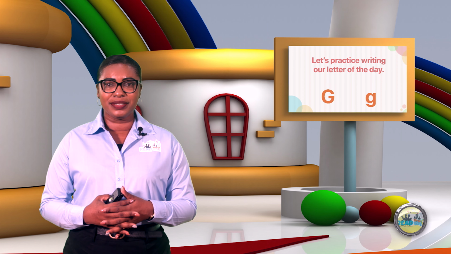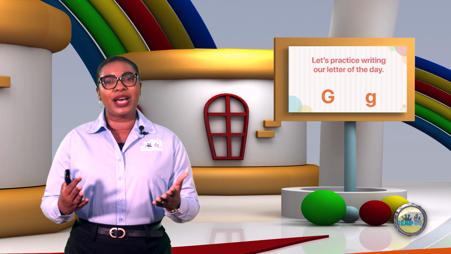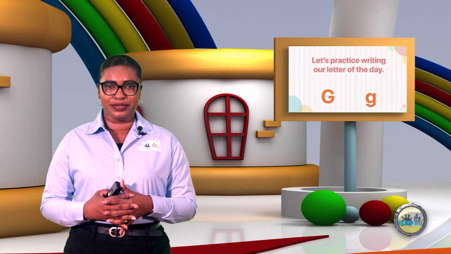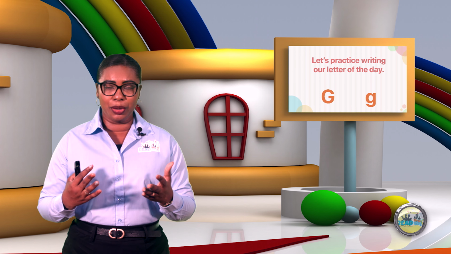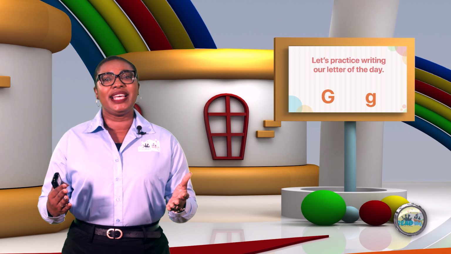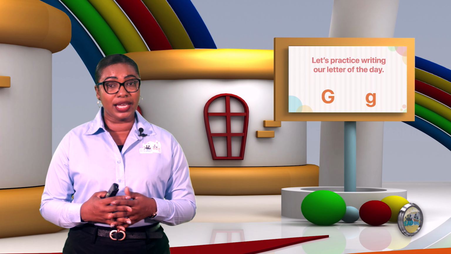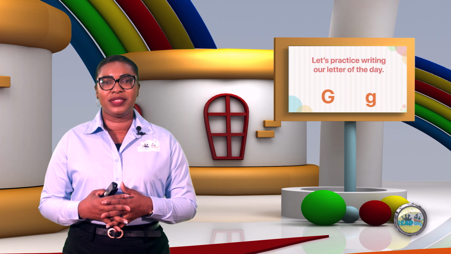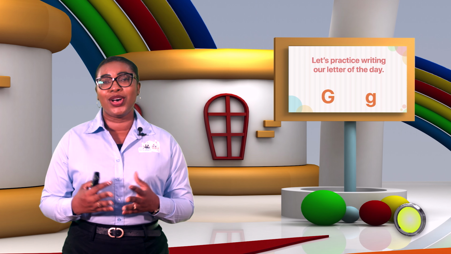Look carefully. Now you try writing it by yourself. Remember, we are writing capital or uppercase G. Now let's try writing the lowercase g, or we could say the common G. Again, follow the steps, then you try writing on your own.